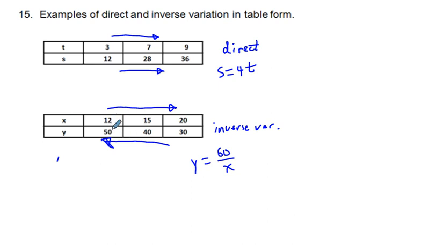It's going to be 12 times 50, 600. There we go, that looks better. So our constant of variation here is going to be 600. And then we could use this equation to figure out anything we want to find. If we plug in 10 for x, what are we going to get? Well, we'll get 60, right? If we plug in 100, we would get 6, okay?